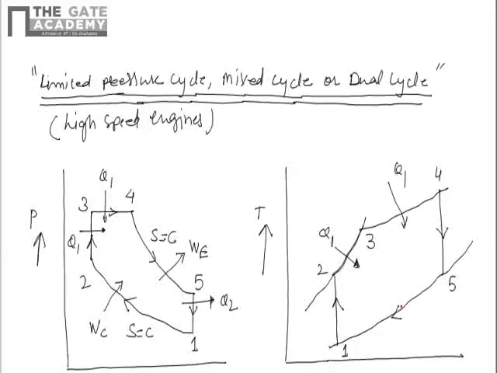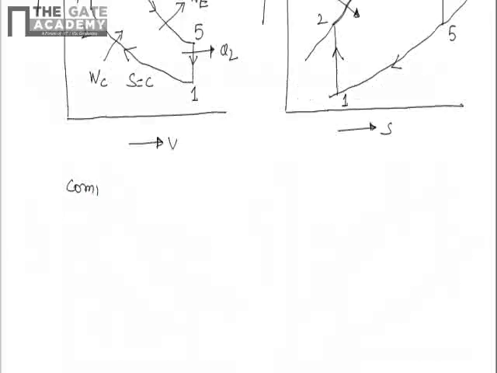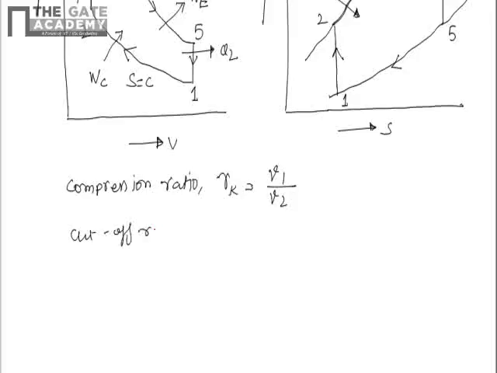Now consider the efficiency of the dual cycle. But before going into the efficiency of the dual cycle, let's take one more parameter, that is the constant volume pressure ratio. Because we know the compression ratio, I will again define all these things here. Compression ratio is nothing but Rk, that is V1 by V2, which we have already discussed. Similarly, the cutoff ratio we have already defined, denoted by Rc.